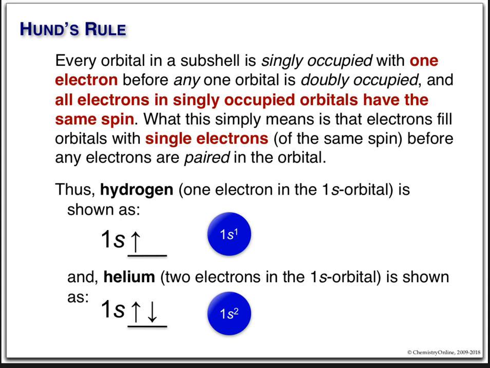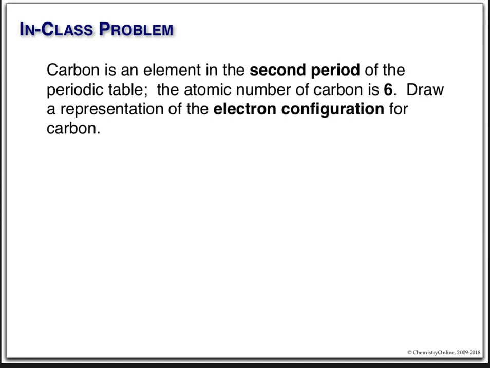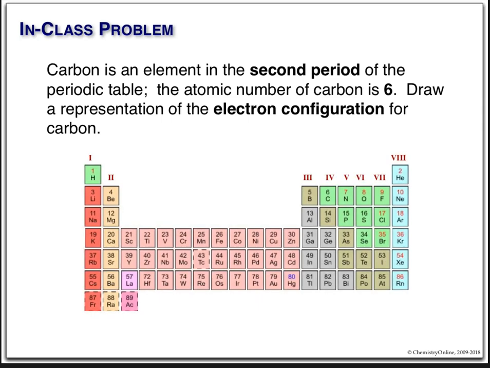Let's do a quick problem. Carbon. Carbon's our friend. It's in the second period. Atomic number is 6. Let's think about its electron configuration. Here's our periodic table. Carbon is right here, number 6.